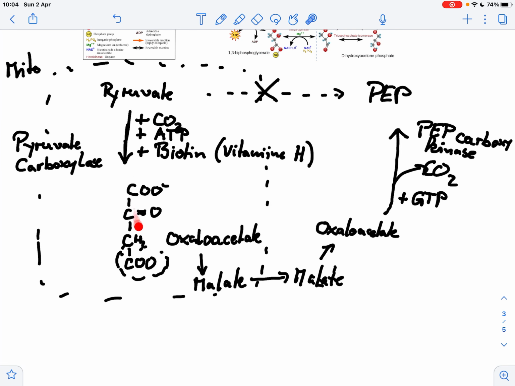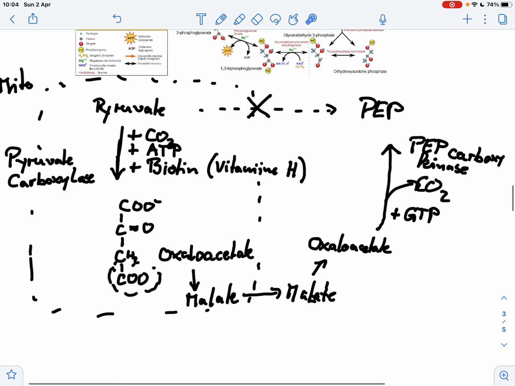So we have to take this detour because the direct step from pyruvate to phosphoenol pyruvate is not possible, at least not in humans. And we convert this pyruvate first to oxaloacetate, transport it out of the mitochondria, and use it there to generate this phosphoenol pyruvate by just decarboxylating the carbon dioxide.